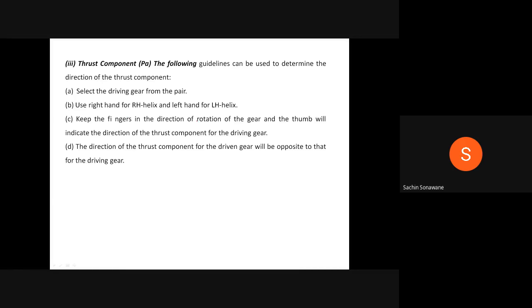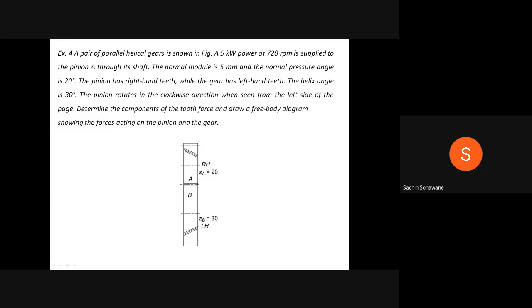Therefore, these are the considerations. Now we will solve the problem. Please write down the problem. A pair of parallel helical gears is shown in figure. A 5 kilowatt power at 720 rpm is supplied to the pinion A through its shaft. The normal module is 5 mm and the pressure angle is 20 degree.